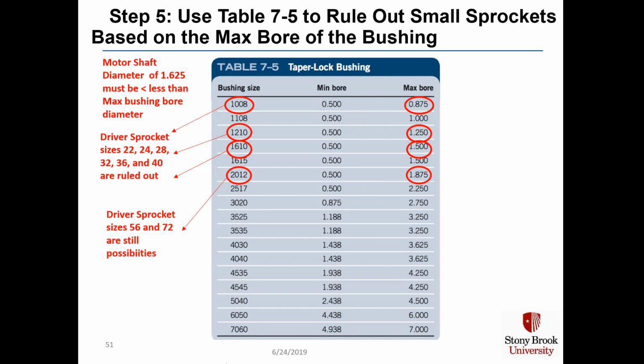In table 7-5, we can rule out small sprockets based on the maximum bore of the bushing, because the motor shaft diameter of 1.625 inches must be less than the maximum bushing bore diameter, and that's only true for bushing size 2012, which corresponds to driver sprocket sizes 56 and 72.